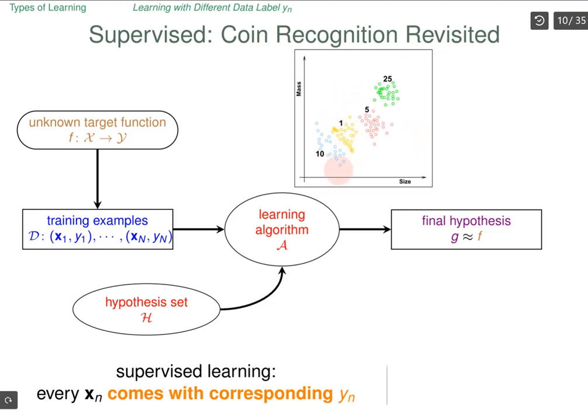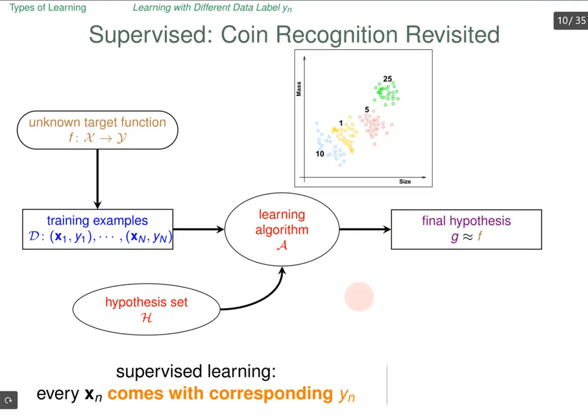So the person who collected this data and who measured mass and the size of each coin provided us also with the labels. Okay, so that we can use those training examples, those training data set in our machine learning task. So these kind of problems are called supervised learning.